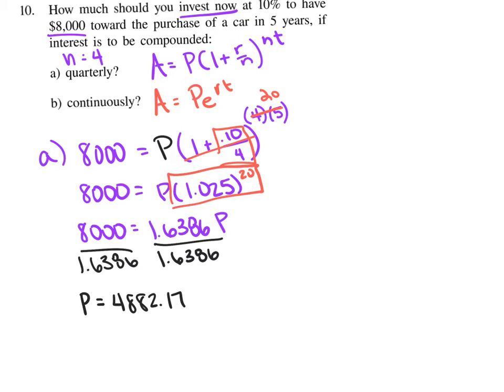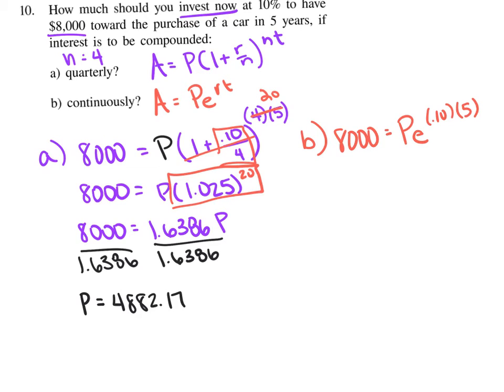What if we do it continuously compounding? Well, same setup, except we're going to use a different formula. So we have 8,000 is equal to, I'm still looking for P, and I have e. Well, I know my r is 0.10, and my t is 5.